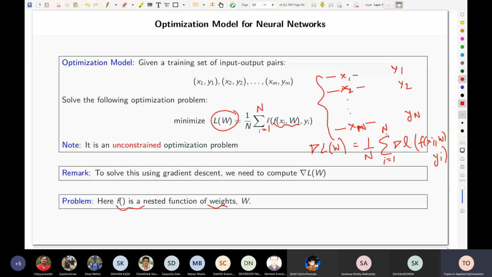So remember what is happening here. Here I'm summing over all the samples, right? The stochastic gradient method says that you only take some of these samples, and then you only sum over those samples. So let us say I choose m of these samples.